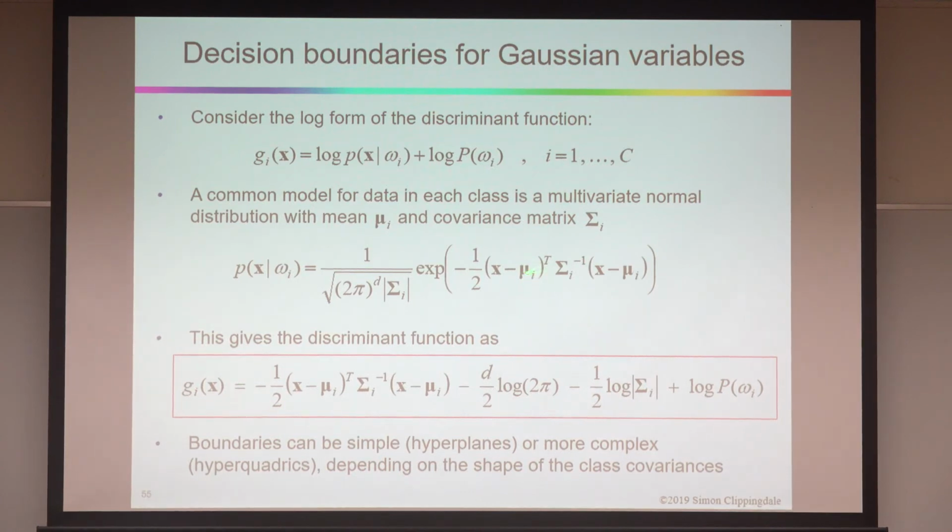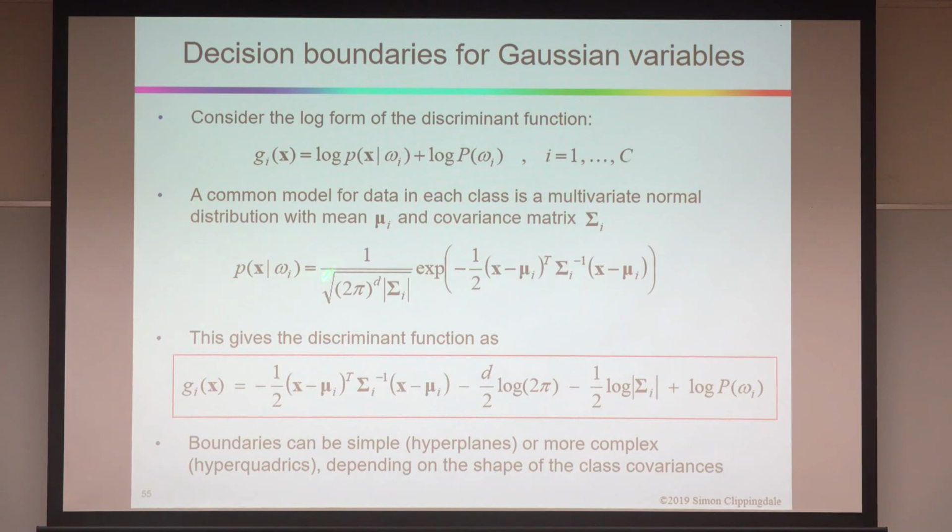This is the center of that class, and the shape of that distribution is determined by sigma i, which is the covariance matrix, which we met back when we were talking about principal component analysis. Depending on the covariance matrix, your Gaussian could be circularly symmetric, or it could be elongated in some dimensions.